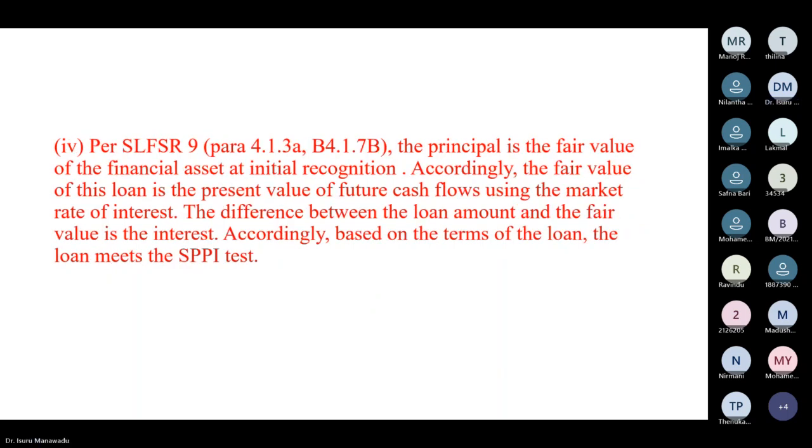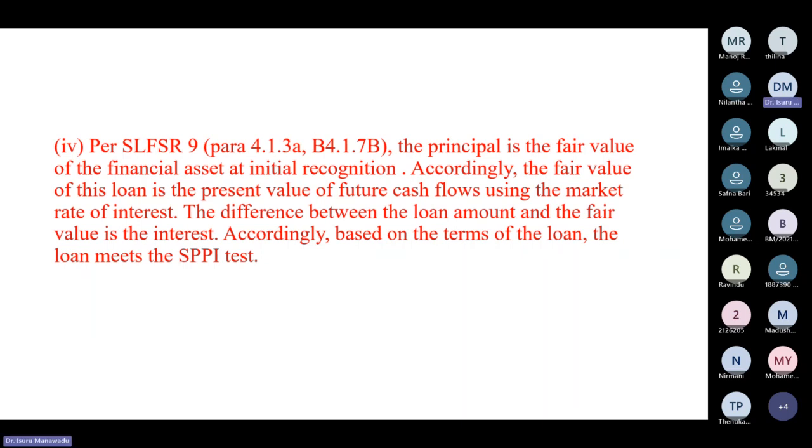Last one. So this type of thing is normal in a business. Employees are provided concessionary interest rate loans, but we are recognizing them at fair value, right?